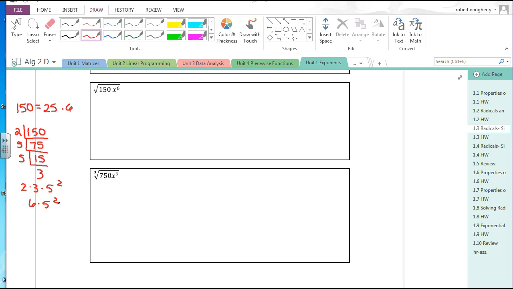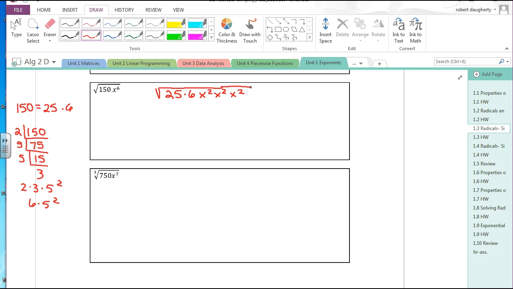You're good? Okay. So I can write this as the square root of 25 times 6. Since I'm organizing in perfect squares, x to the 6 can be written as what? That's x squared times x squared times x squared. Okay. So everything under the radical is a perfect square now?